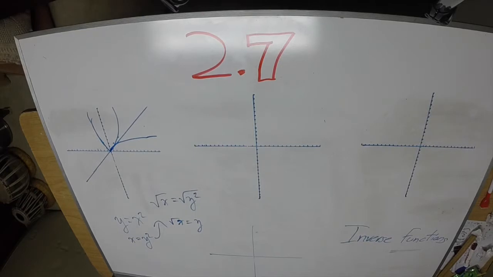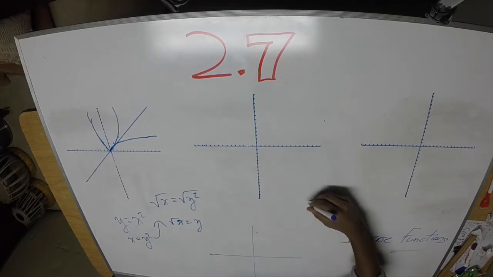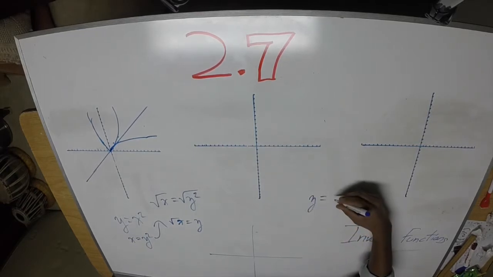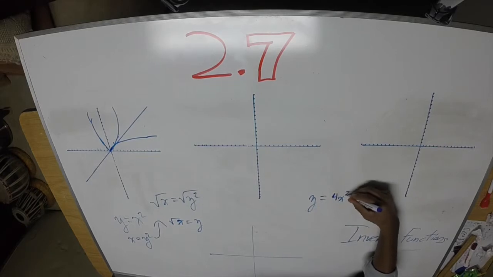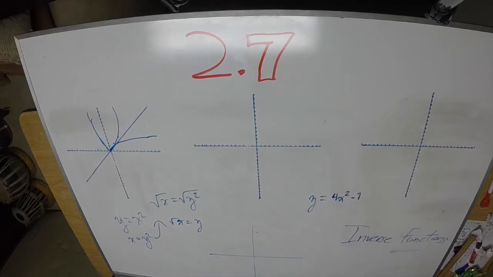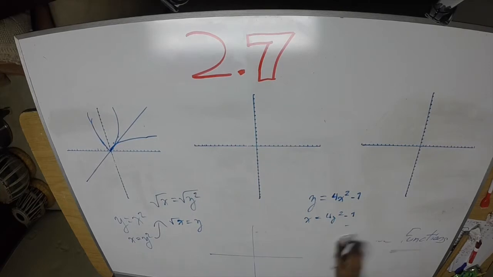So let's look at an actual formula over here. Let's say we have y equals 4x squared minus 1. The way to solve for the inverse function is to take this parabola and change the x and y values. So that becomes x equals 4y squared minus 1. Let me just erase this.